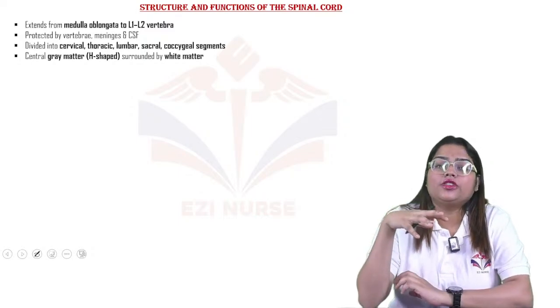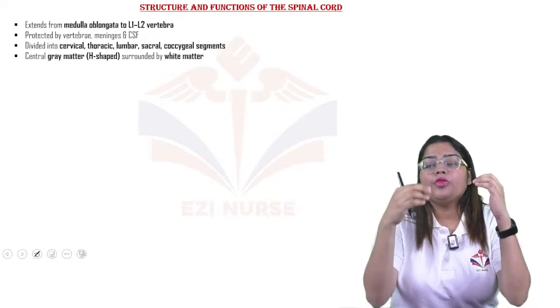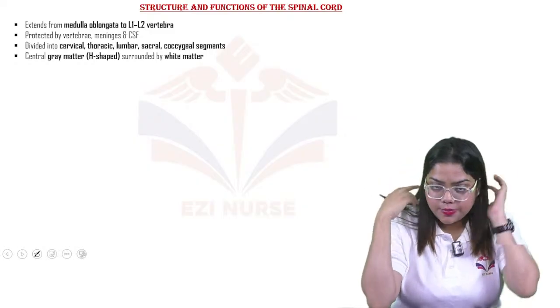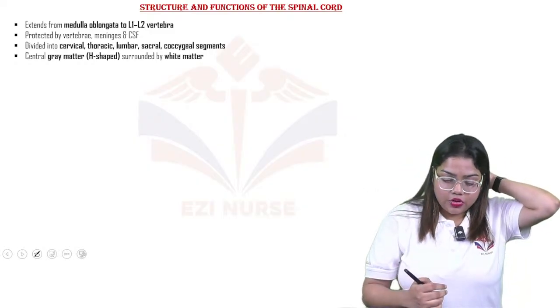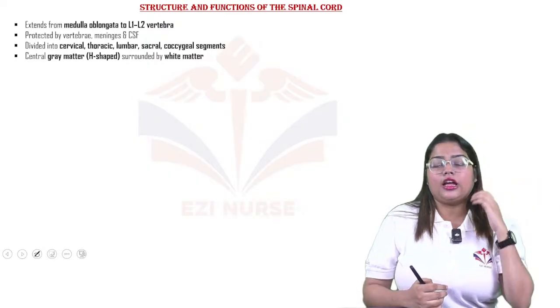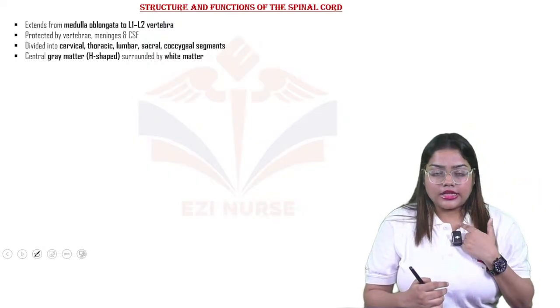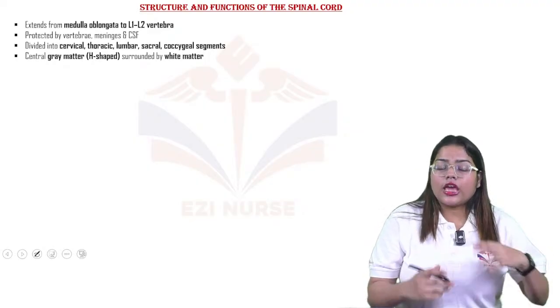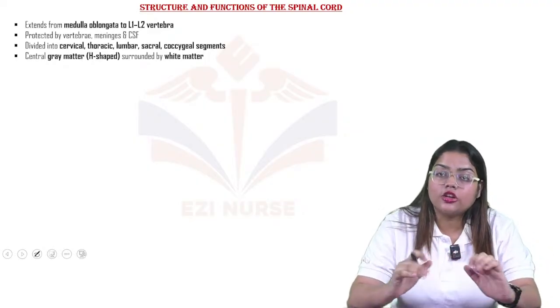So why is it divided into these types of parts? See, after the brain, if we see, this is our head, right? So up to this is the brain. From the back side, from the cervical area to thoracic, to lumbar, to sacral, to coccygeal, up to there our spinal cord is spread.